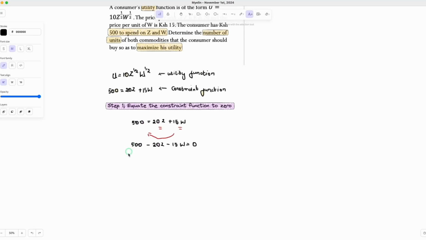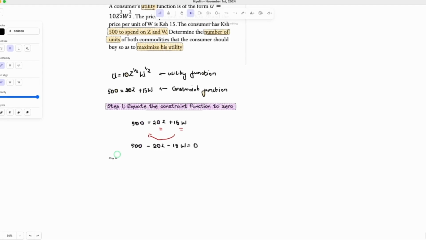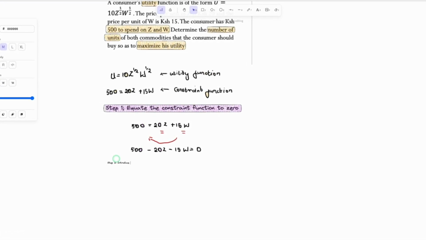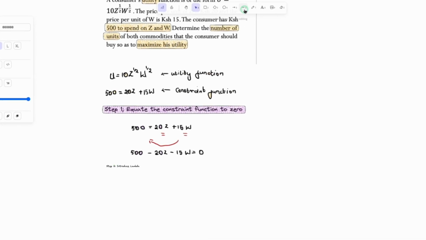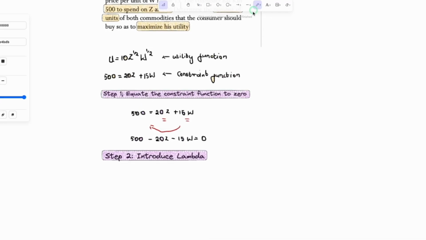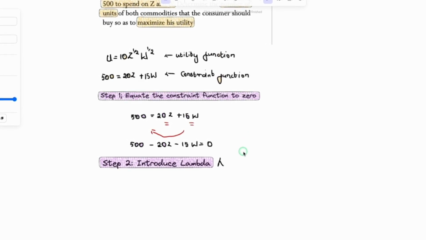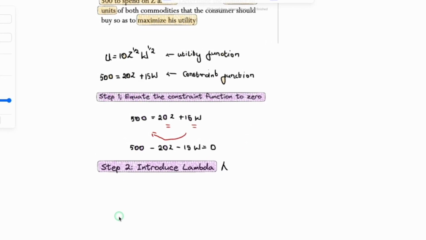Then we're going to move to the next step, which I'm going to describe as step 2. I'm going to describe it as introduce lambda. Hopefully we know how you represent lambda in an equation. And how do we introduce it?